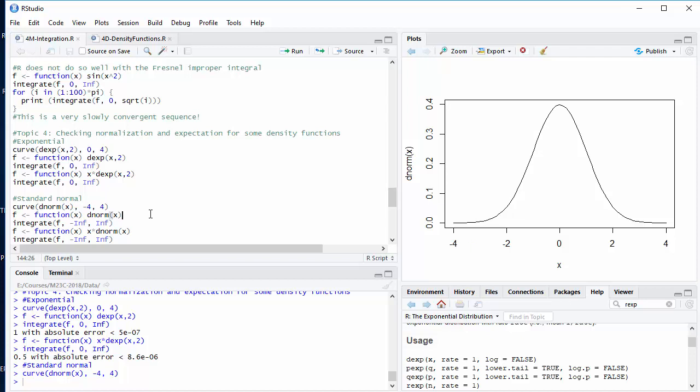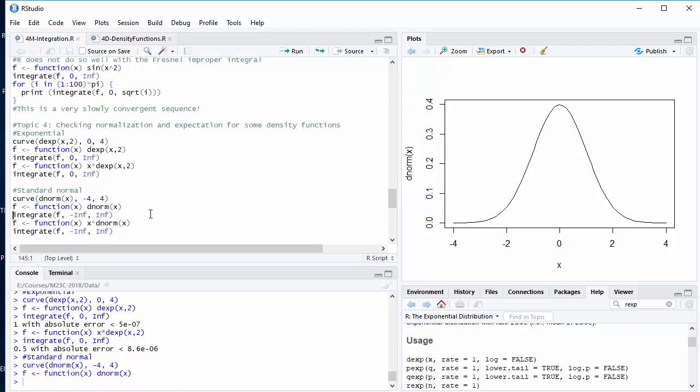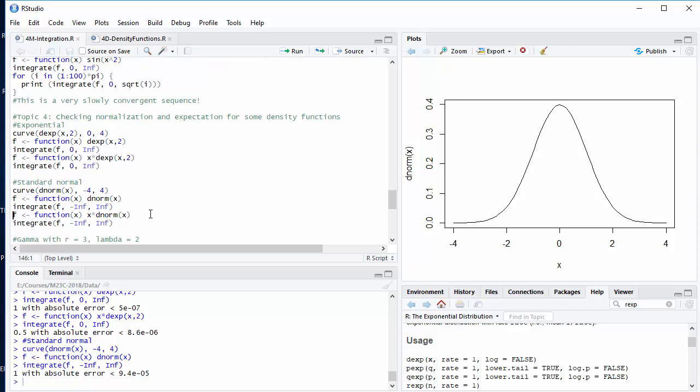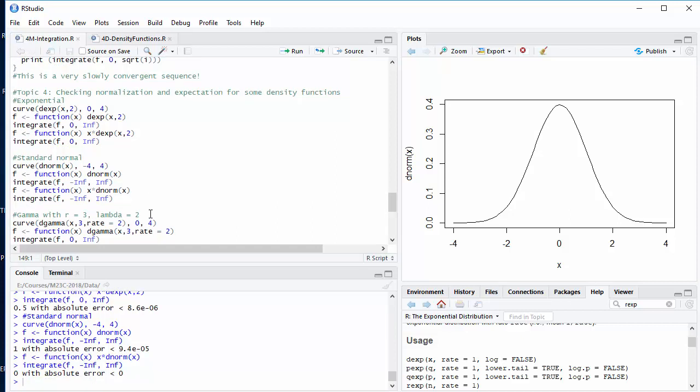Here is my own function f, defined to be a function of x only. I can feed that to integrate and say, integrate it from -infinity to infinity, and it comes out to 1. We proved that in lecture. And if I ask for the expectation, well, you can argue on the basis of symmetry that this is going to come out to 0, but sure enough, when I integrate it, I get the value 0.